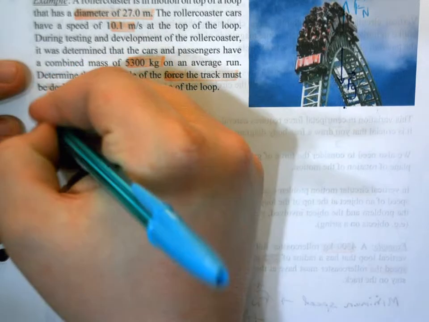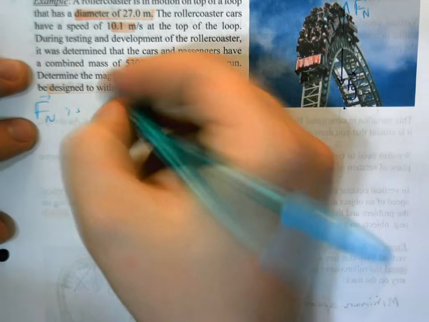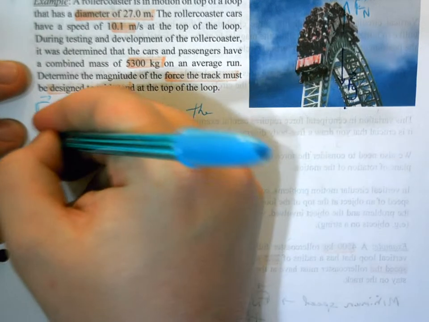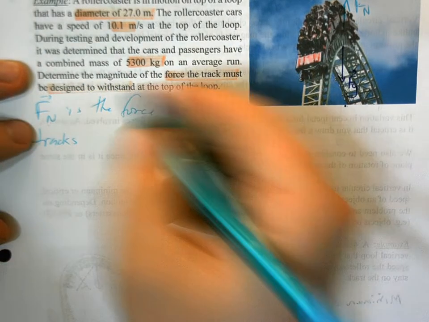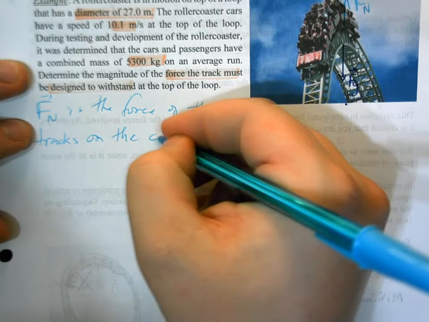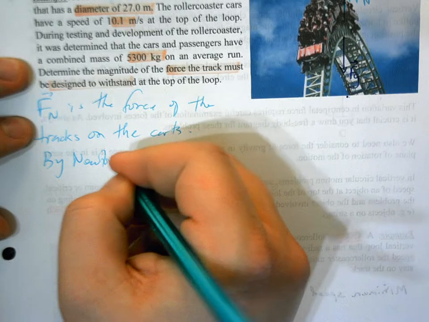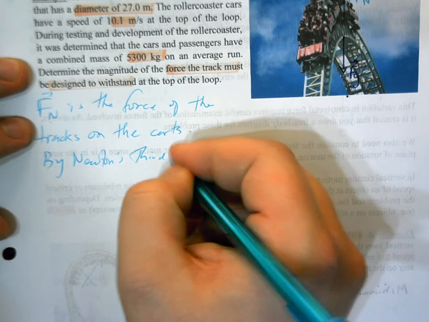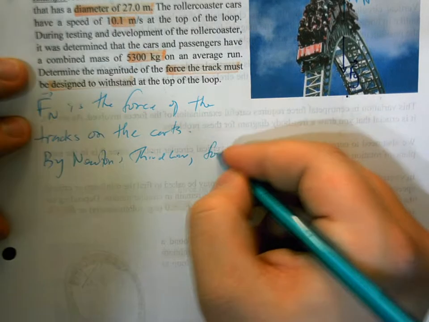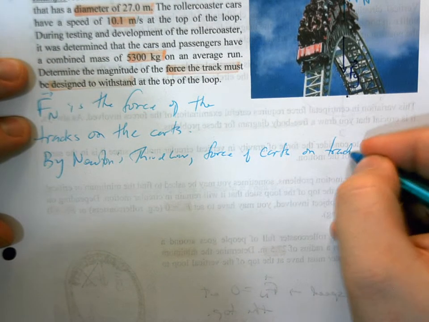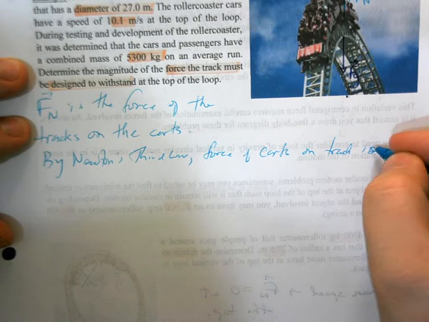So Fn is the force of the tracks on the carts. So by Newton's third law, the force of carts on track is the negative of Fn.